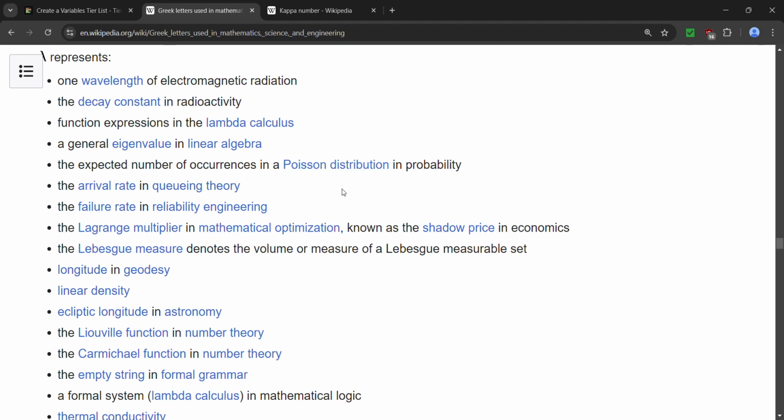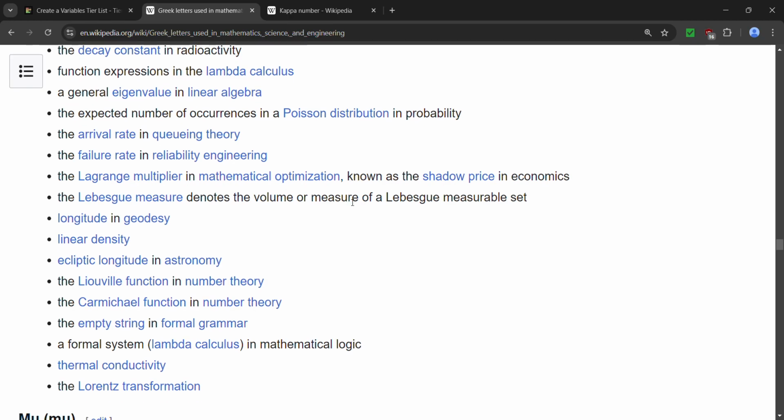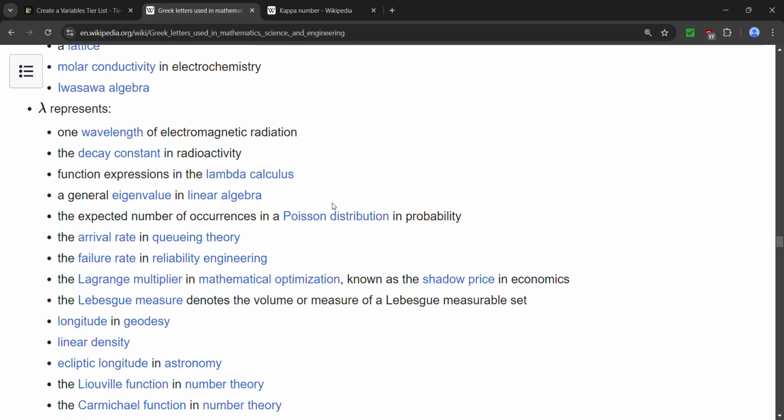Poisson distribution, okay. Linear density. I've never seen it for thermal conductivity, but good for lambda if people are using it. Lambda's really catching on, it looks like. These are all pretty good: wavelength, decay constant, eigenvalue, and linear density.